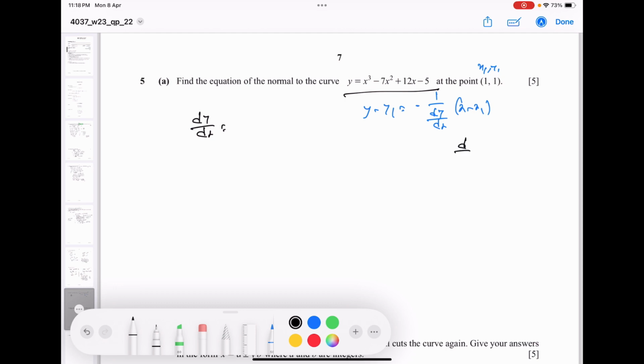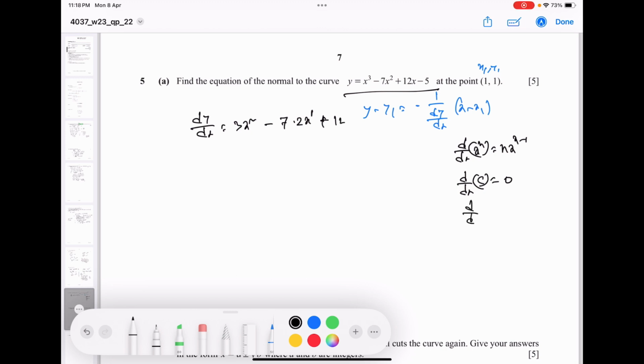For the differentiation, d/dx of x to the power n equals n x to the power n minus 1. So 3x cubed becomes 3x squared, minus 7x squared becomes minus 14x, and the 12x becomes 12. The derivative of a constant is 0.